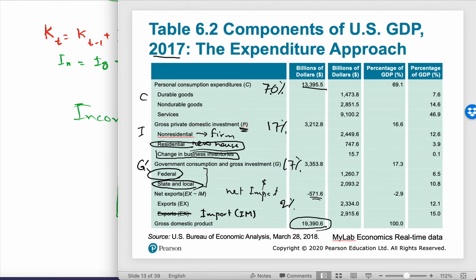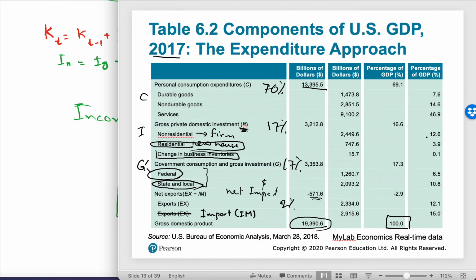The total sum of these should be exactly 100%. I tried to round it up, so it may not match.